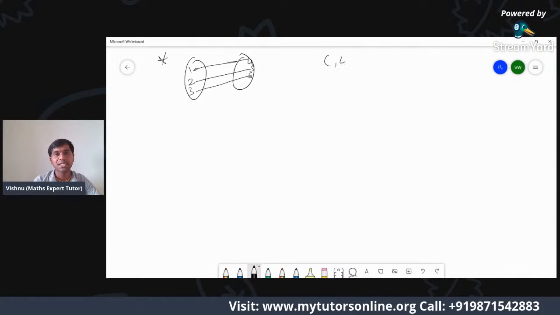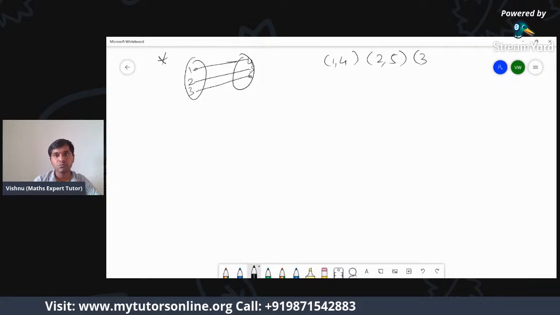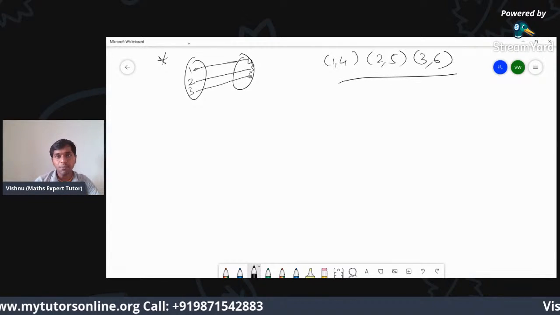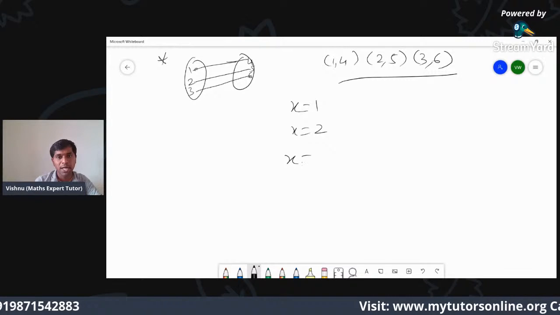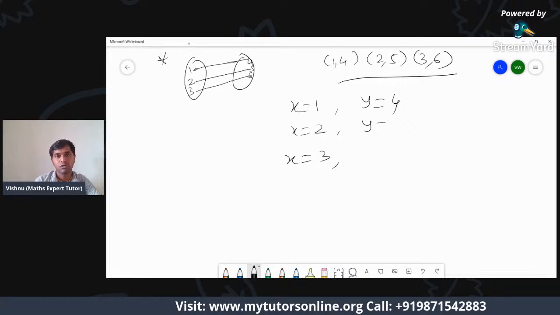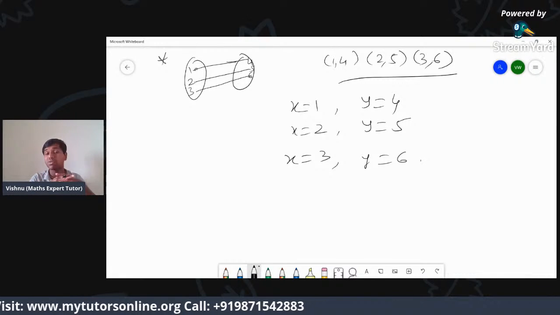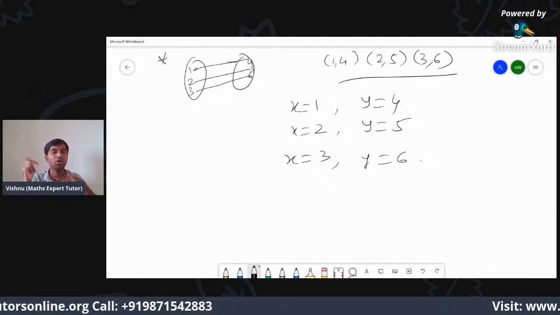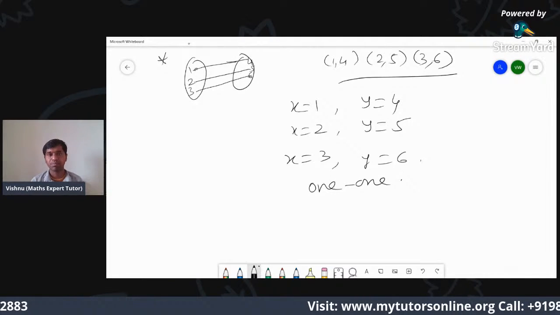Now if I have to write it in set form, it will look like this. Here, if I take variables, it will be like this. For each distinct value of x, there is a distinct value of y. If this is the case, then it is one-one.